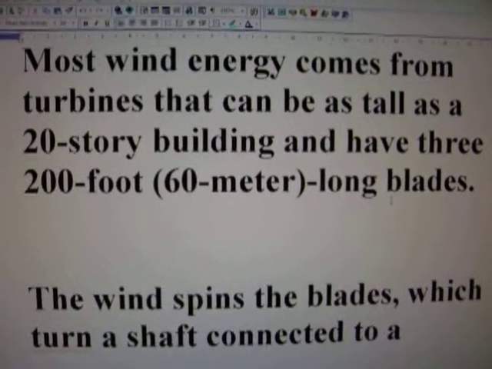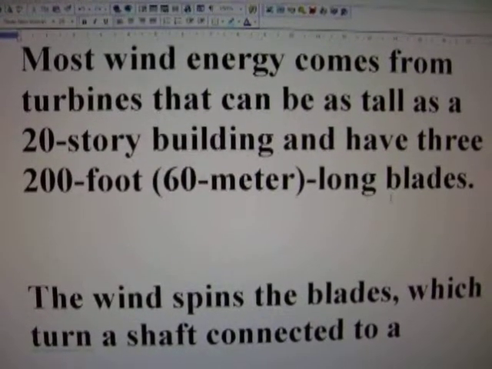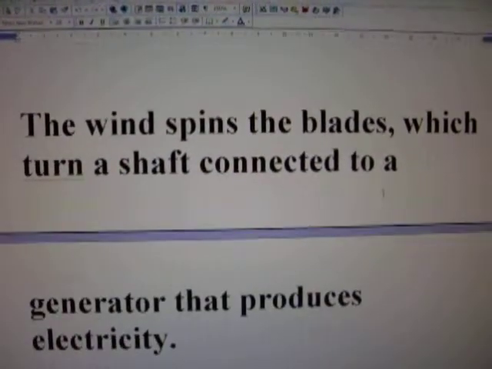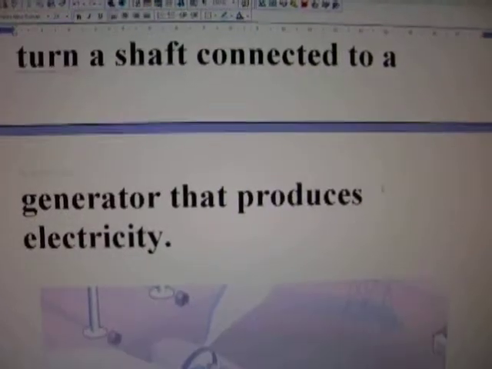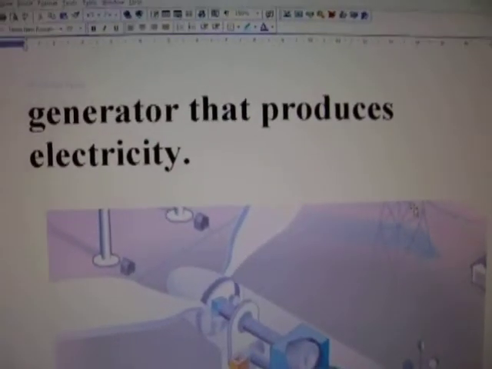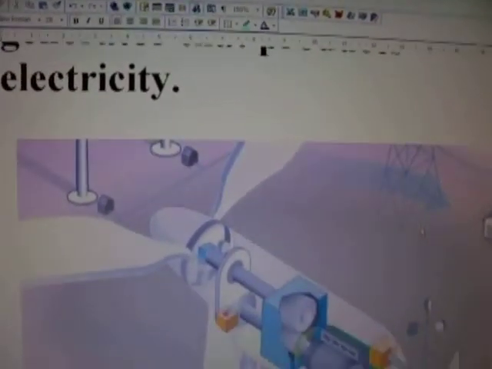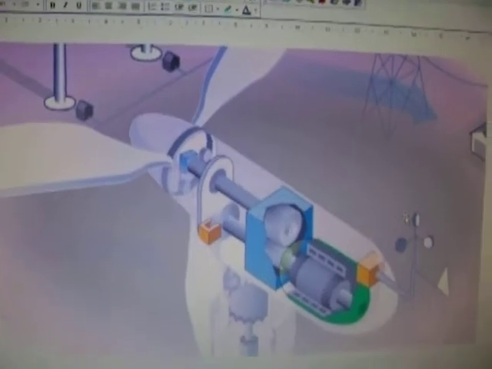You can see that these windmills are quite tall, at least 60 meters in height. Okay. I'm going to give you a picture here as well. Okay.